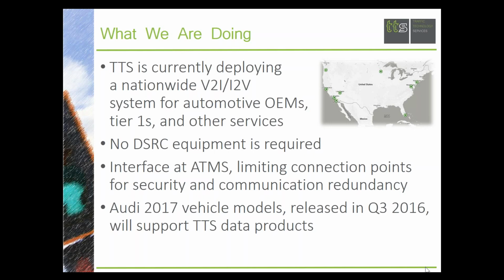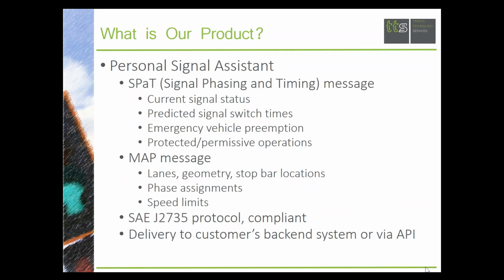I mentioned the 2017 models, so they're currently equipped with this technology. What it is again is the personal signal assistant that provides current signal status and predicted switch times, when it's going to go from red to green.